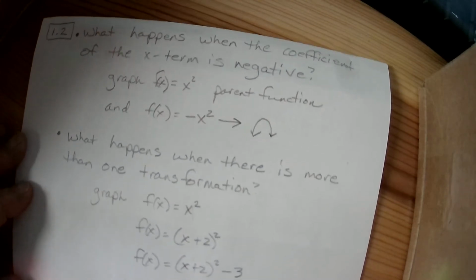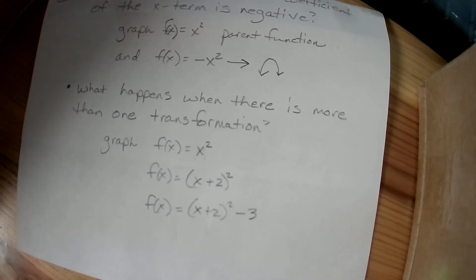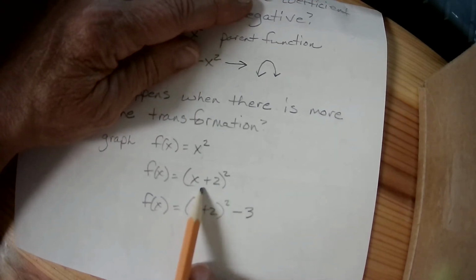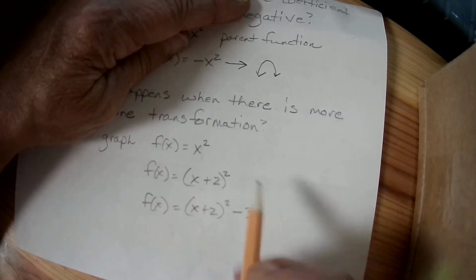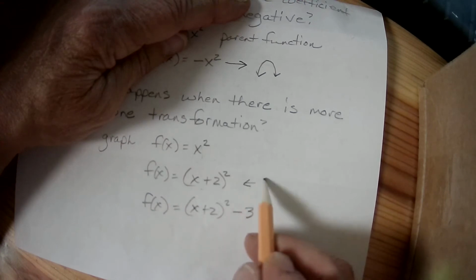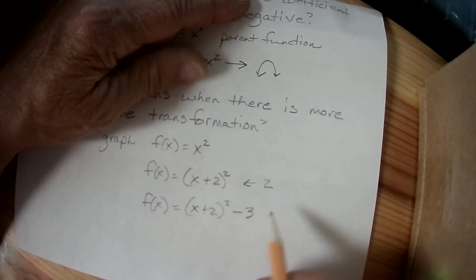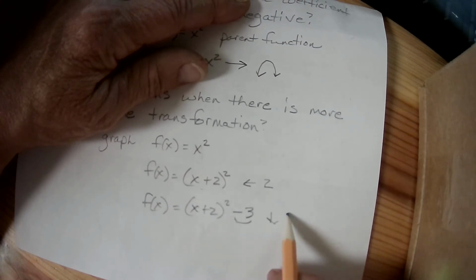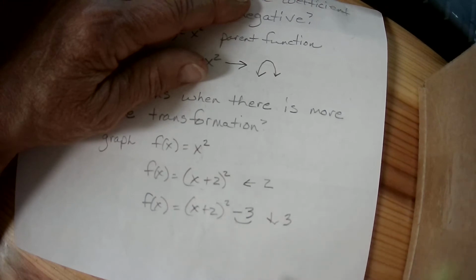Now, all of a sudden, that parabola is pointing downward. What happens when there's more than one transformation, which there will be in a lot of our functions that we do? So let's look at the parent function of a quadratic again, f of x equals x squared. So if you graph this one, you'll see that it's going to be a shift to the left of 2 units. And then if you add this part, that's going to be down 3 units.